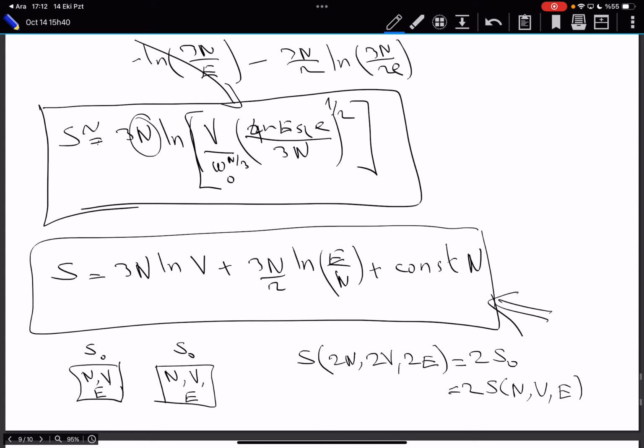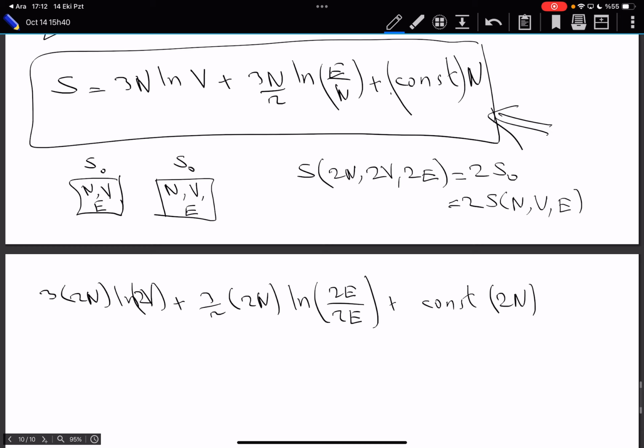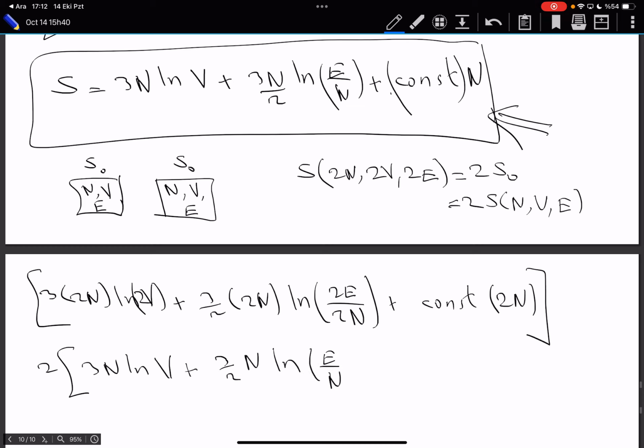That constant depends on n, 2n. This is the left-hand side. The right-hand side is twice 3n logarithm of v plus 3 over 2 times n times logarithm of e over n plus constant times 2n, and thermodynamics basically tells us that since S is an extensive quantity, this difference has to be 0.